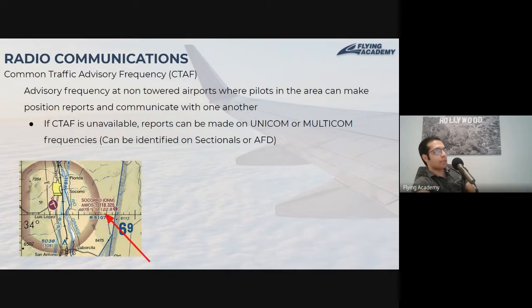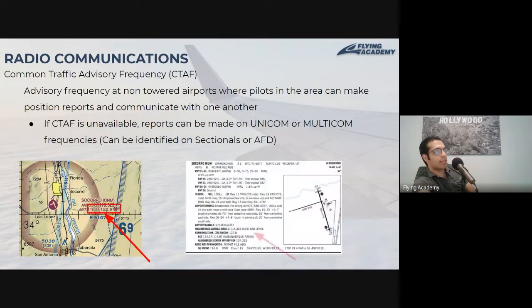For CTAF, we already covered that. It can be either CTAF, Common Traffic Advisory Frequency, or Unicom. For Corona it's the same concept: CTAF is 122.8, and it's already included in the Airport Facility Directory. So CTAF and Unicom are the same in this case, as at most uncontrolled airports.